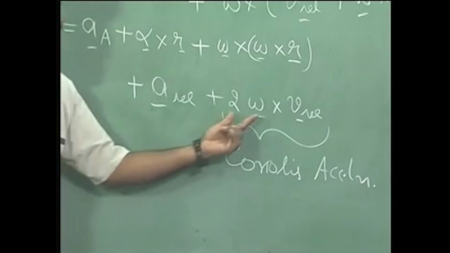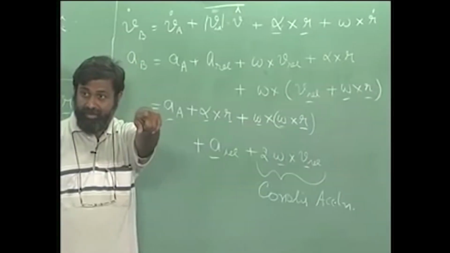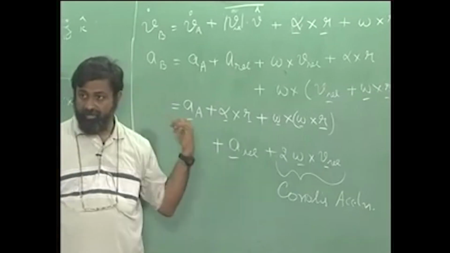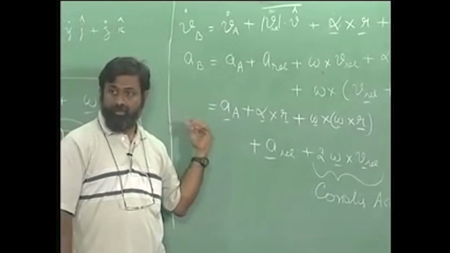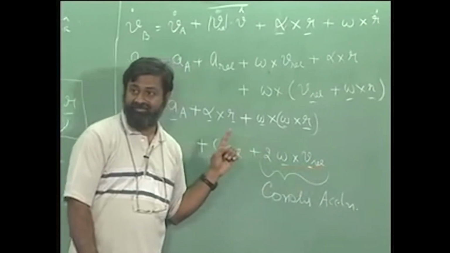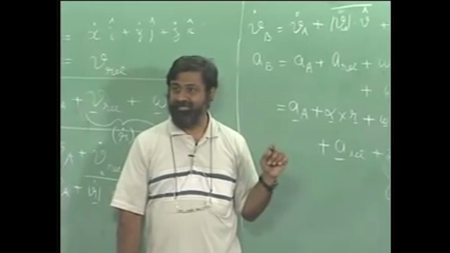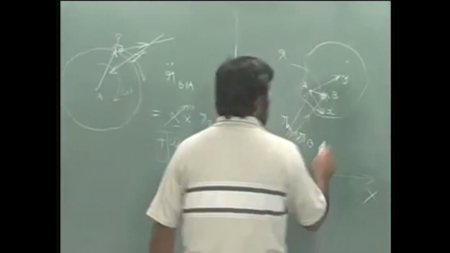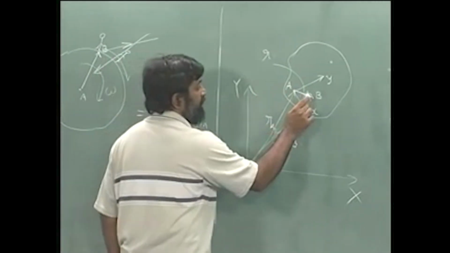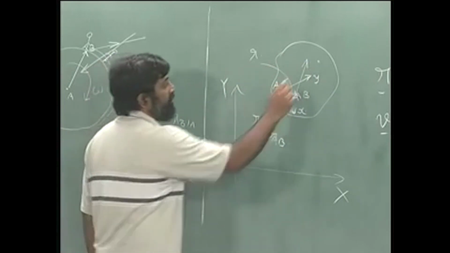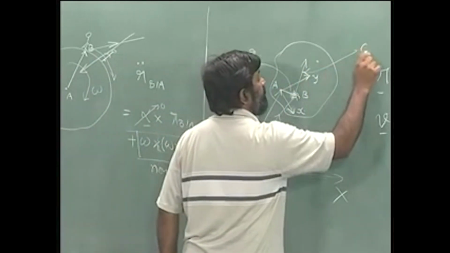It is perpendicular to the direction of omega, which is perpendicular to the board, and it is also perpendicular to V relative. Understood? So if I take a perpendicular direction with respect to those two, this is the direction in which I will expect Coriolis acceleration to occur.